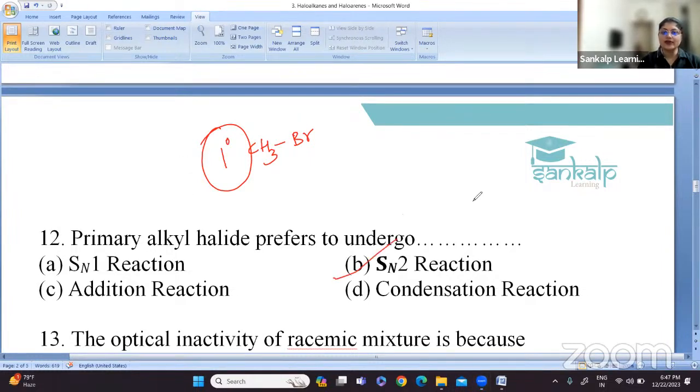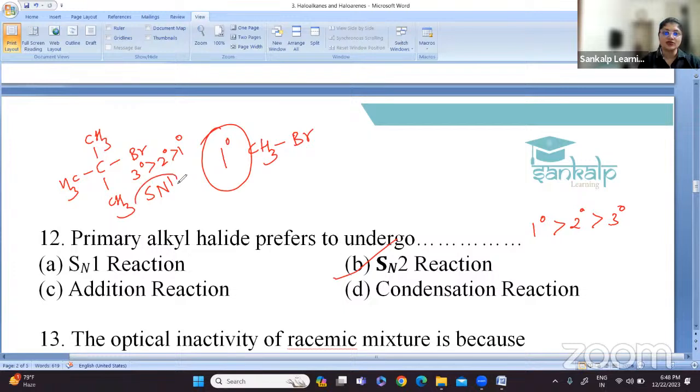Whenever you have primary alkyl halides, they will undergo the SN2 mechanism. Whenever you have a tertiary alkyl halide, they will undergo the SN1 mechanism, because tertiary alkyl halides are more stable than secondary and then primary in the case of SN1.